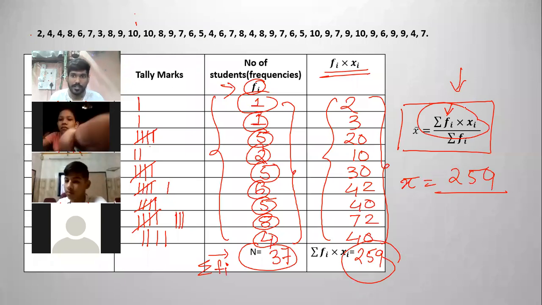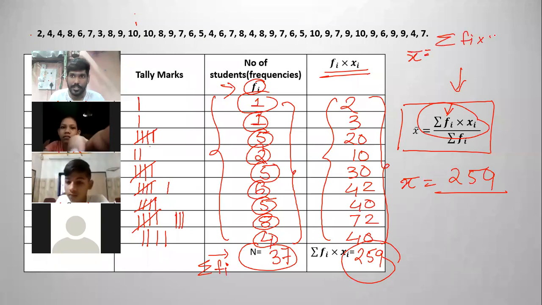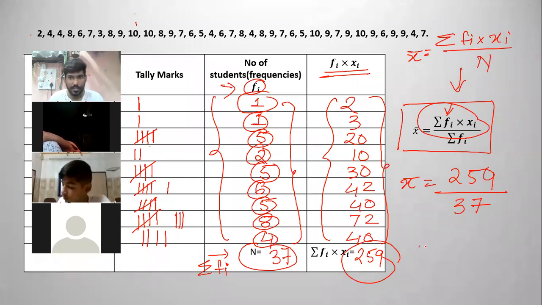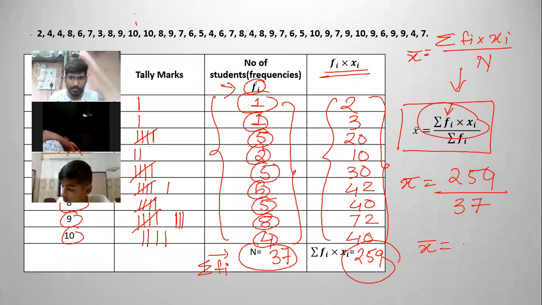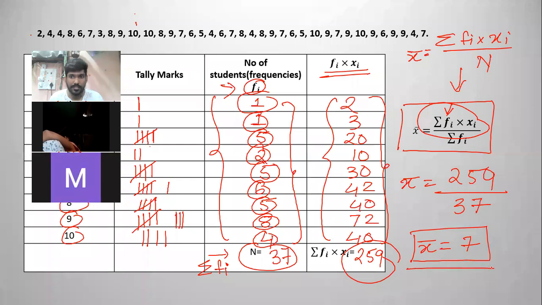This formula can be written like this also: fi into xi upon n. So 259 divided by 37. What will this be? 7. So your mean is 7. Your arithmetic mean or your average is 7.